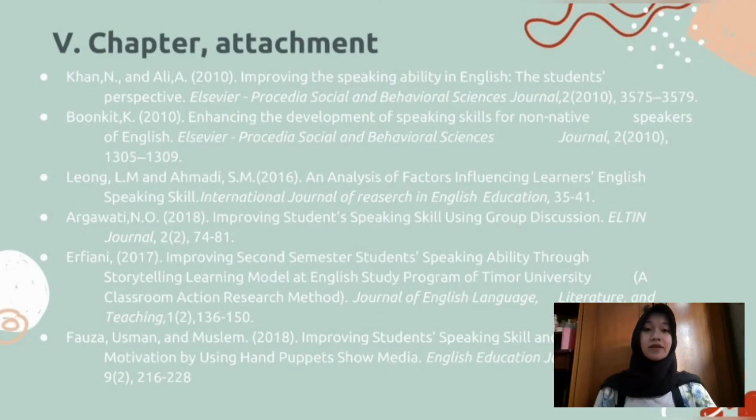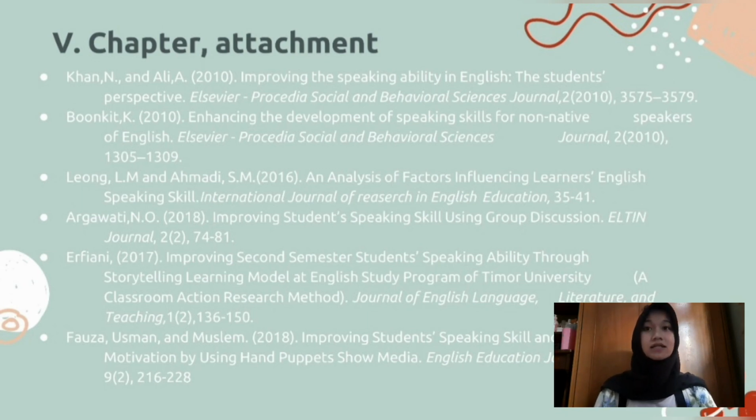And this is the last chapter, chapter 5, attachment. The first article, the authors are Khan and Ali, published in 2010 with the title Improving the Speaking Ability in English, the Student's Perspective, and uploaded in the journal Elsevier, Procedia Social and Behavioral Science.